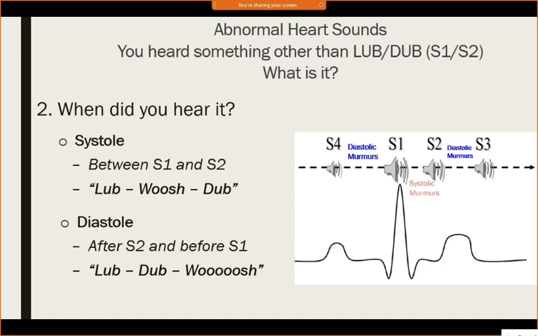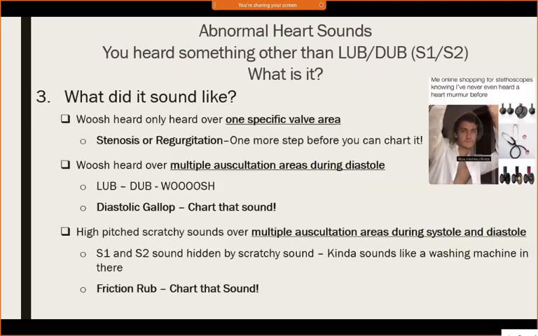When you're hearing an abnormal sound, the most important things to determine are where you heard it and when you heard it. It's only going to be either systolic or diastolic, and it's going to be in a spot. Did you only hear it over one valve area, or did you hear it all over the heart? That helps us figure it out.